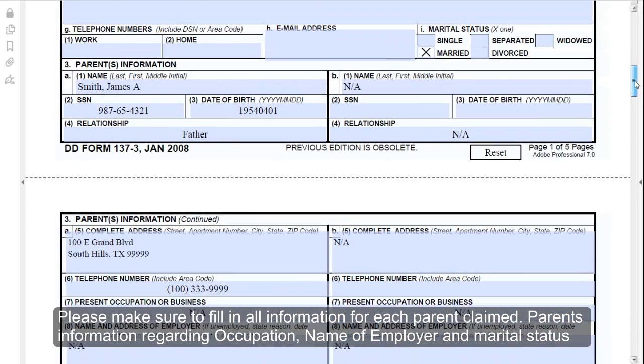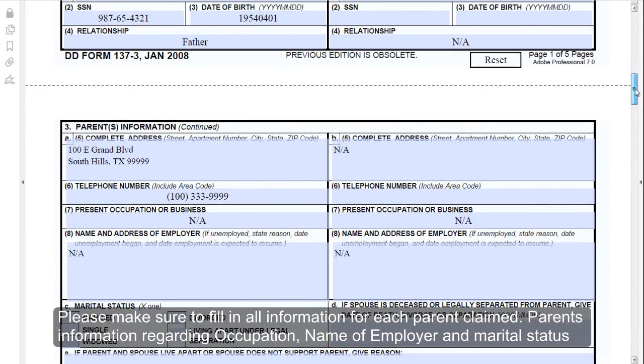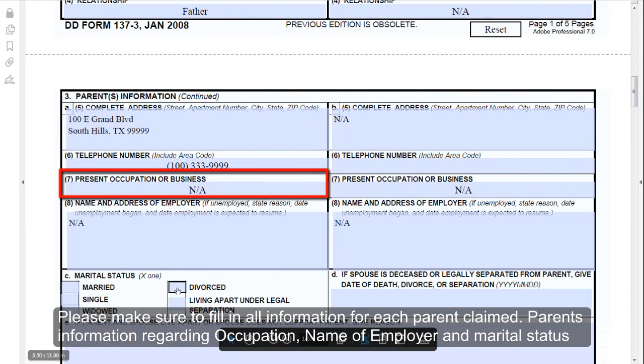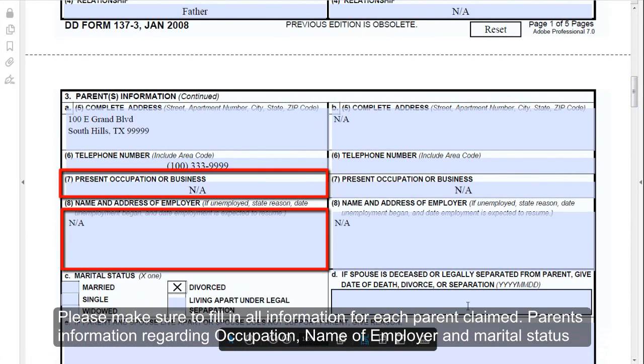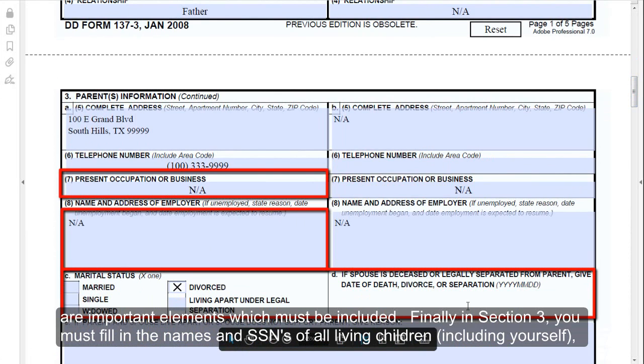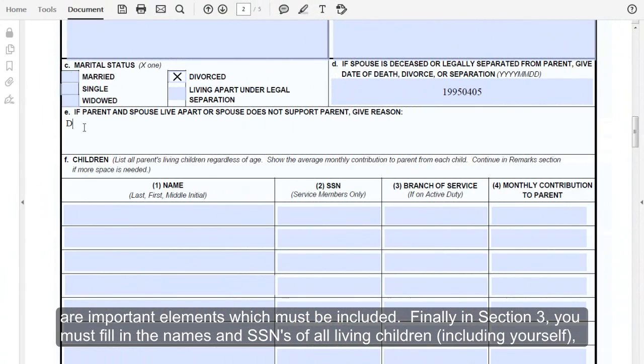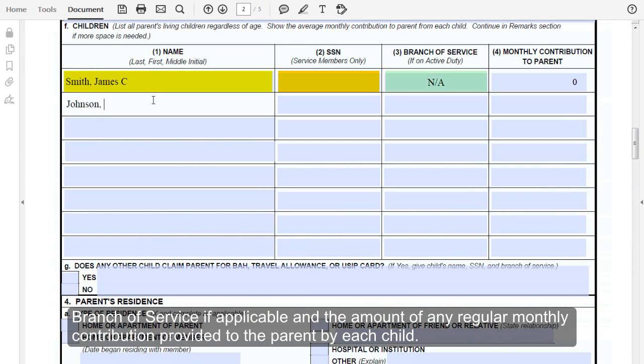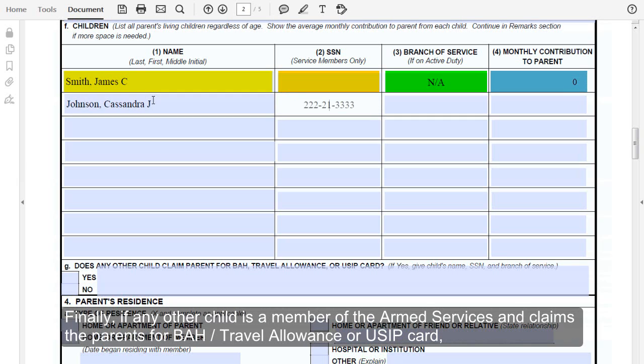Please make sure to fill in all information for each parent claimed. Parents' information regarding occupation, name of employer, and marital status are important elements which must be included. Finally, in Section 3, you must fill in the names and Social Security numbers of all living children, including yourself, branch of service if applicable, and the amount of any regular monthly contribution provided to the parent by each child.